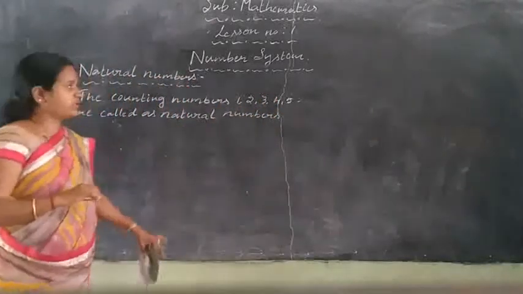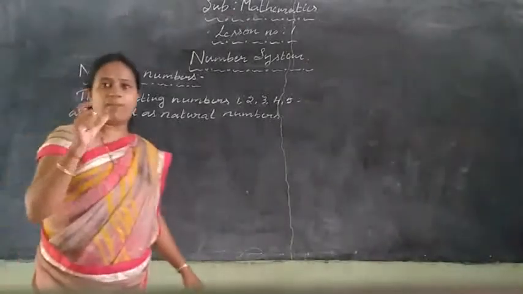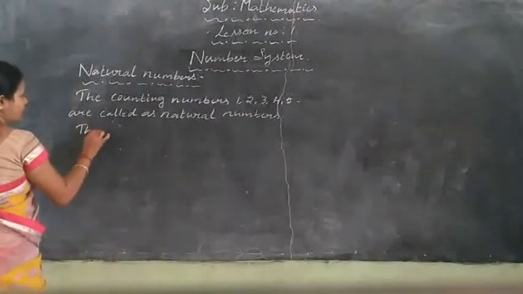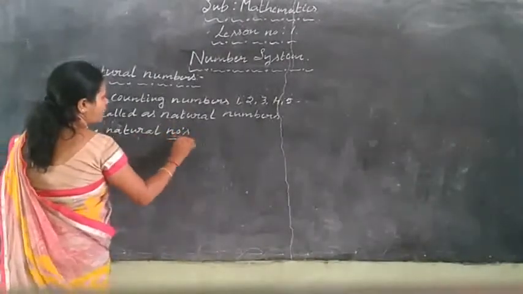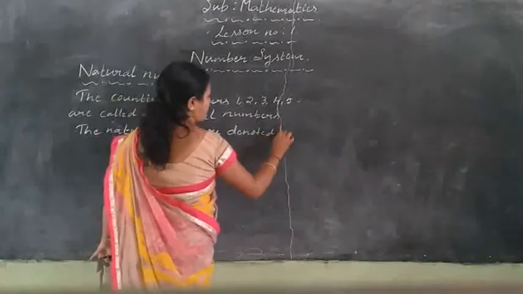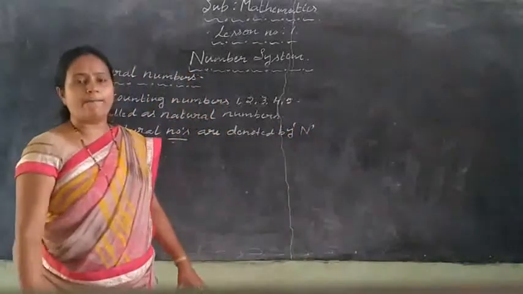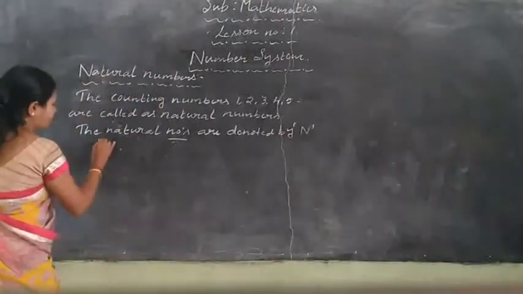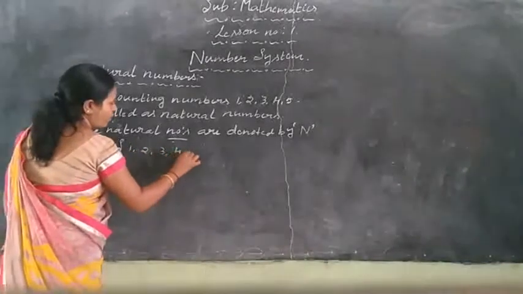So now we got the meaning of natural numbers, isn't it? We are going to denote these natural numbers by capital letter N. So natural numbers can be denoted by a capital letter N. We can write these natural numbers in the form of set, that is N is equal to 1, 2, 3, 4, 5.